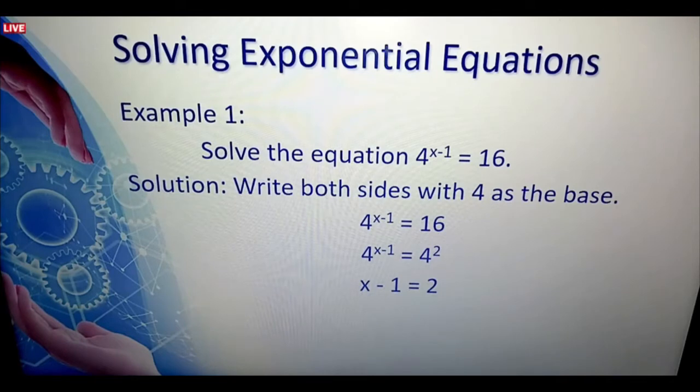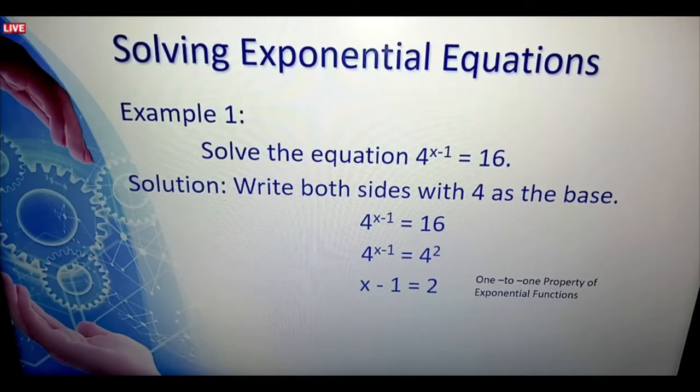Next, since the left and right sides have the same base, 4, based on our one-to-one exponential equation property, if they have the same base, then their exponents can be equal. The exponent on the left is x minus 1 and on the right is 2, so they can be equated according to the one-to-one property of exponential functions.